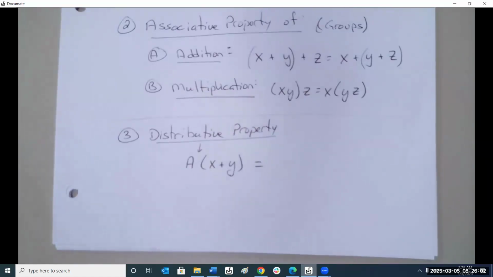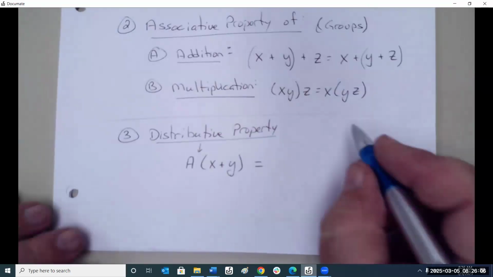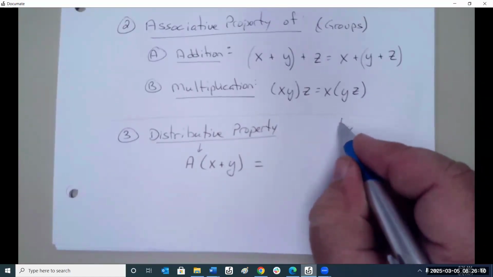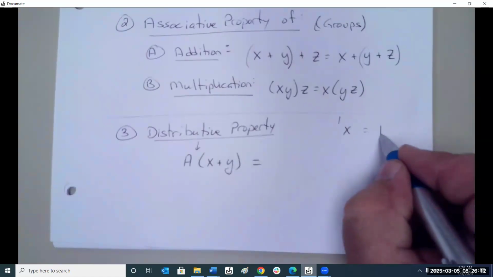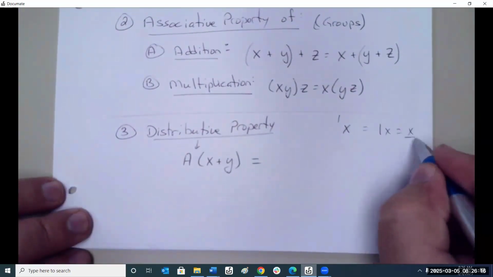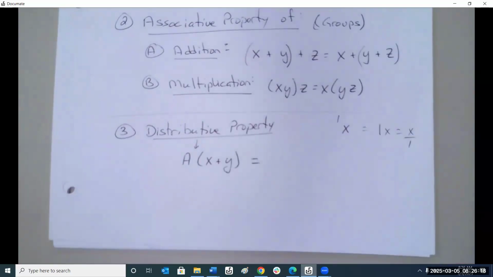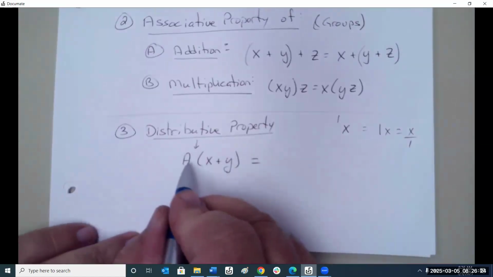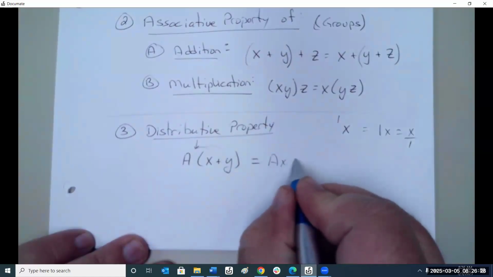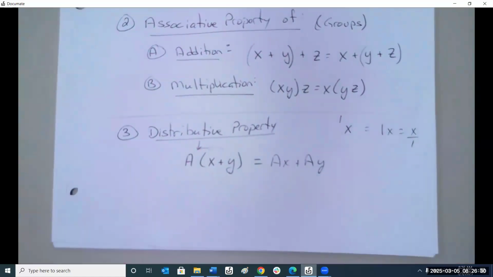Actually, to be honest with you, there's always something in front of everything. The letter X has a 1 in front of it, so it's 1 times X. It has a 1 below it. So there's always a one everywhere. So this is a times x. We have ax plus ay.